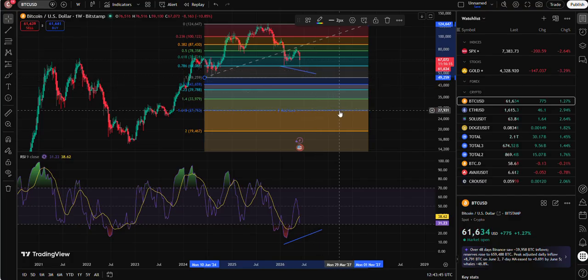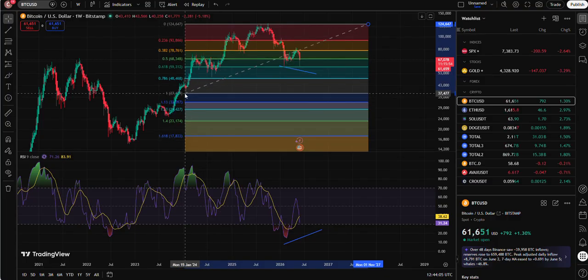Theoretically the target is here, but we don't know this target. If we have a disaster in the world, we can have this target, but this target from here, the light blue and the green, yeah, we can have it.